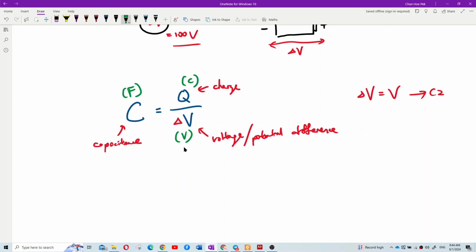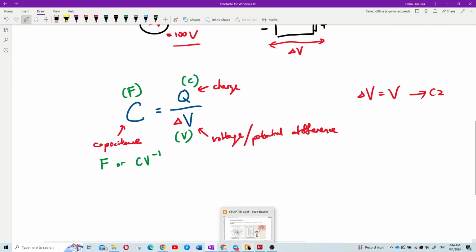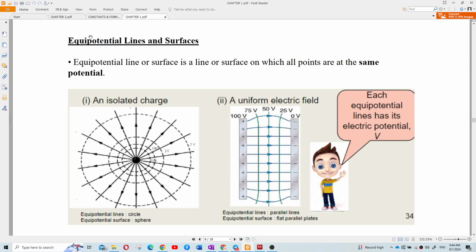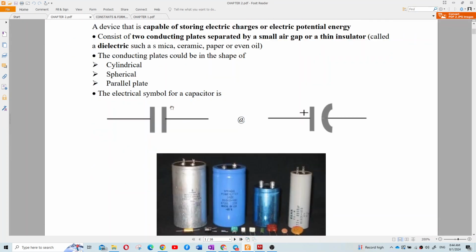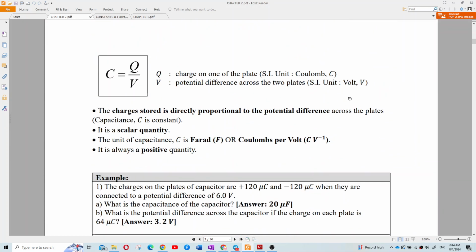So capacitance has two units: either farad or coulomb per volt, just like in the notes.